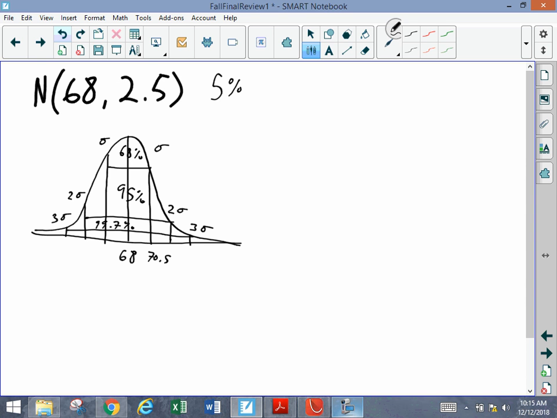So 2 standard deviations below is at 65. My bad, how about 63? Yeah, really not on the game today. Then 2 standard deviations above is going to be adding 5. And that's actually not in that spot.